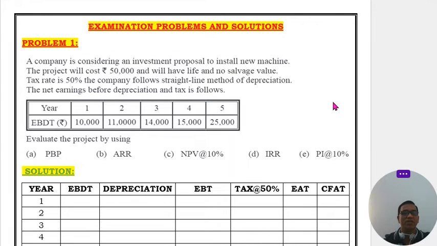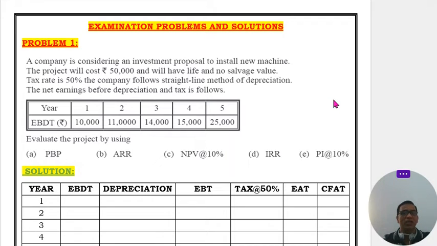But what we need? For all the methods except ARR, we need cash flow after taxes. Only for ARR method, we need profit after tax or earnings after tax. So here in this problem, cash flows are not available directly. So you have to calculate cash flow after taxes.